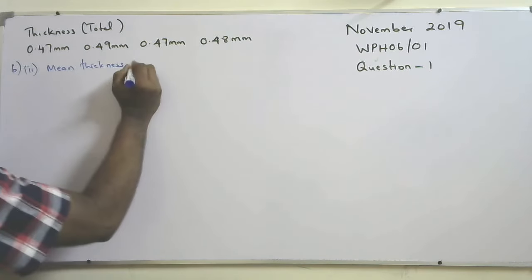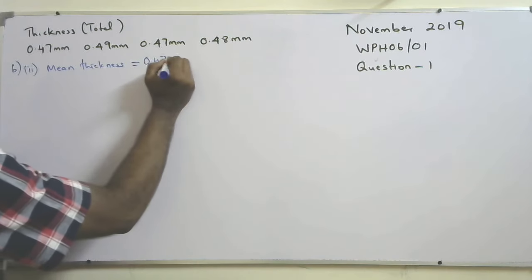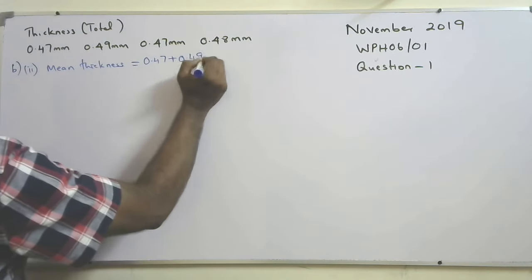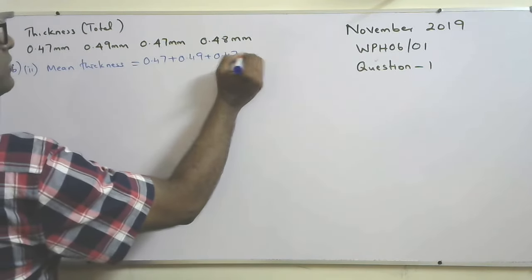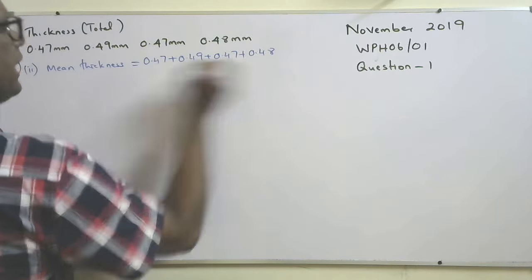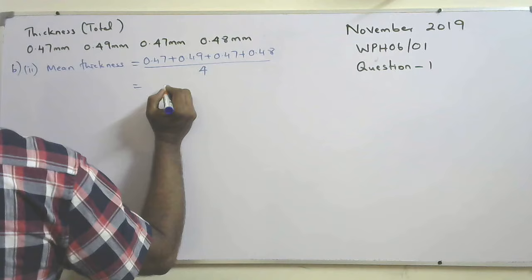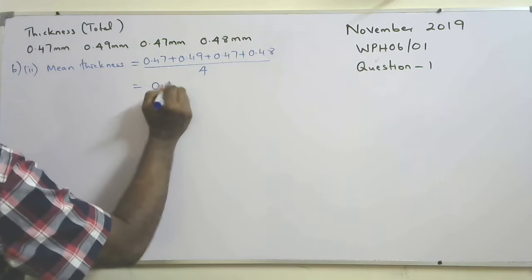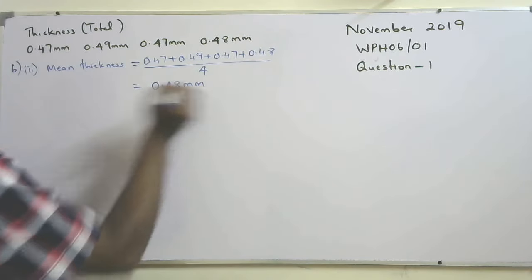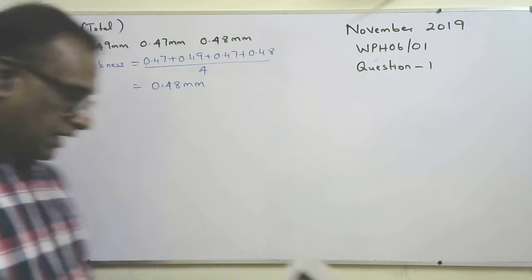So add all these things: 0.47 plus 0.49 plus 0.47 plus 0.49, divided by 4, that will be 0.48. I'm discussing that paper, right?